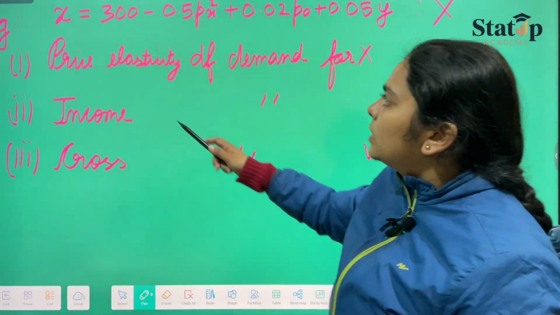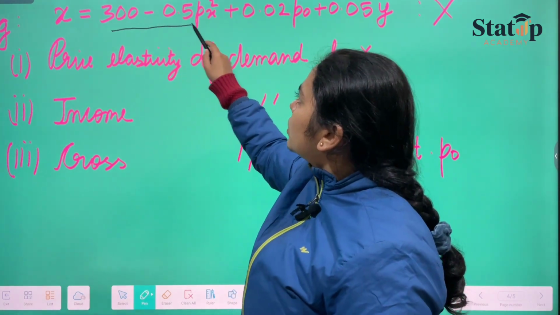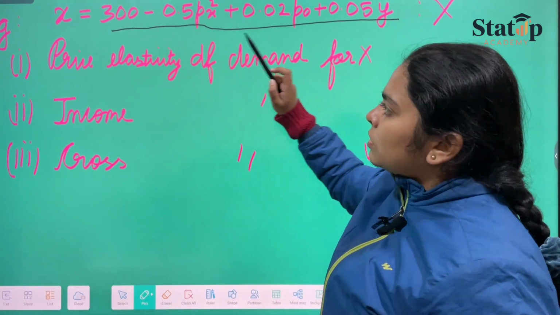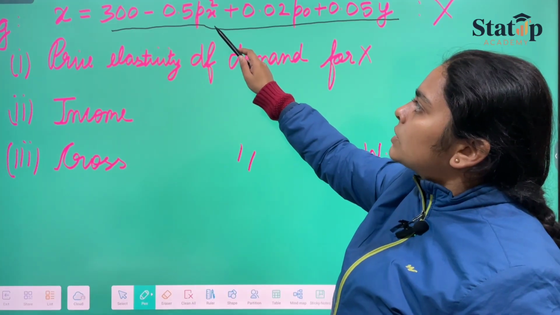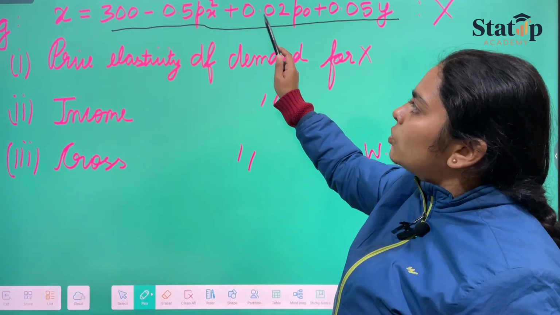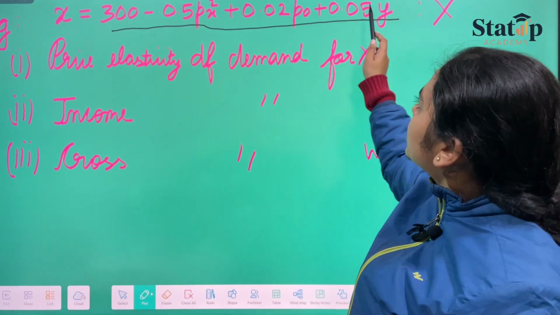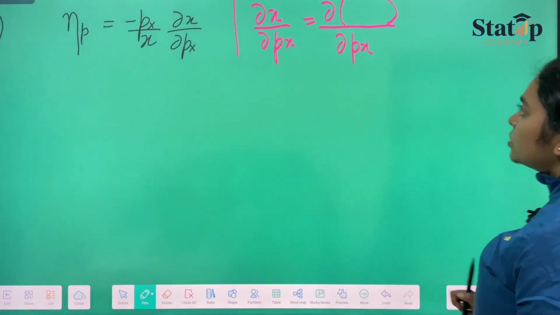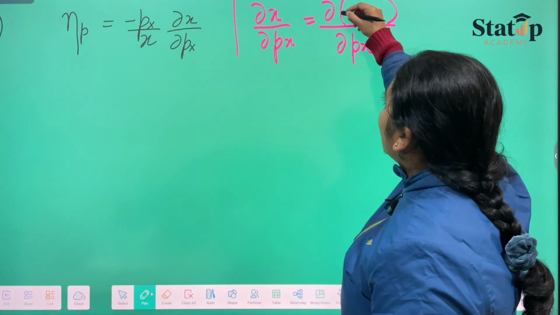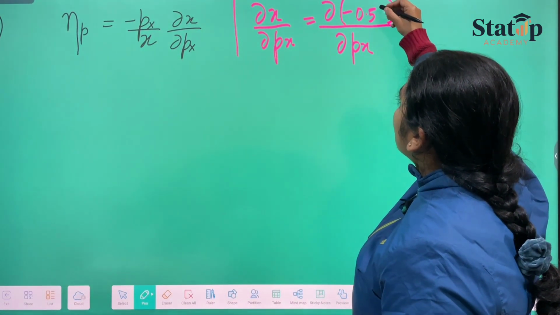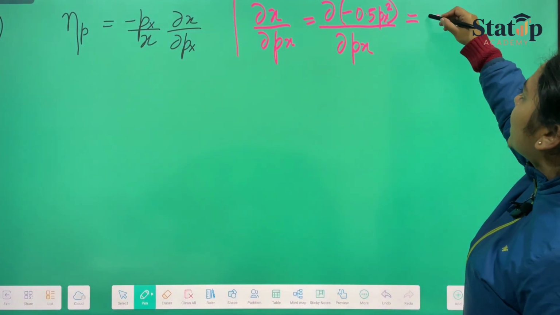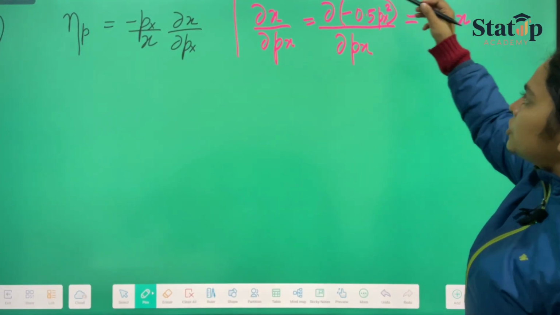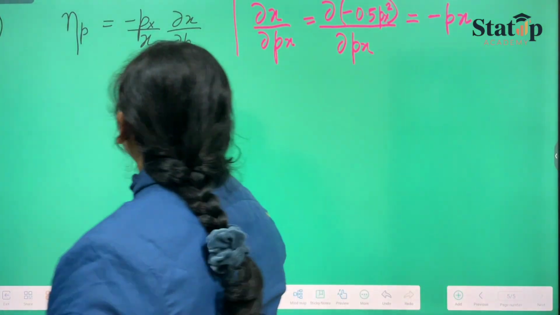In this equation of x, 300 is considered as a constant, and minus 0.5 px raised to the power 2 can be taken. This is also a constant and this is also a constant. So here we take minus 0.5 px raised to the power 2, where we get the answer as minus px if we differentiate this with respect to px.